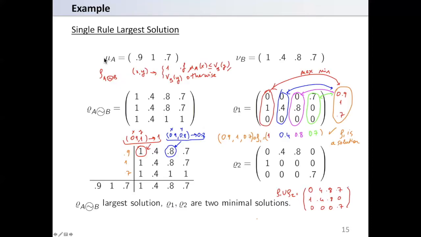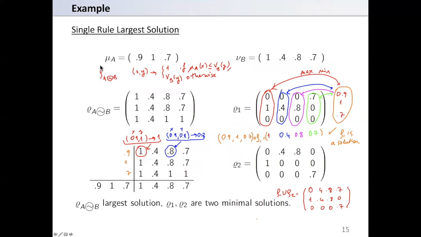Suppose that we are given the fuzzy set membership mu A as 0.9, 1, and 0.7, and mu B as 1, 0.4, 0.8, and 0.7.